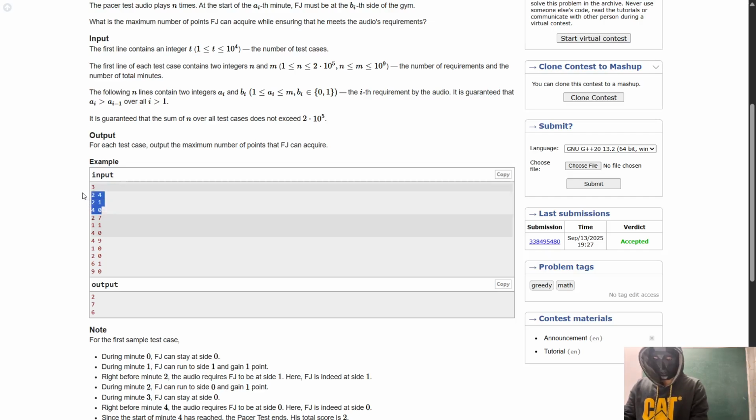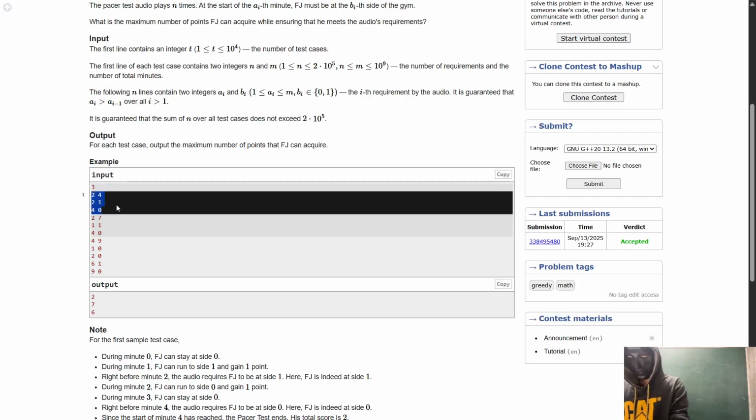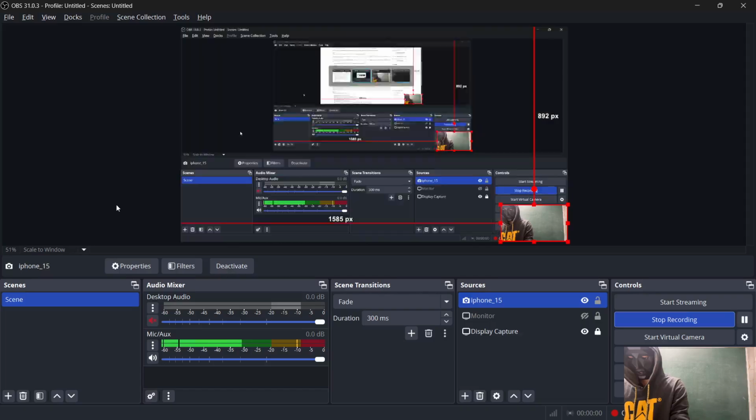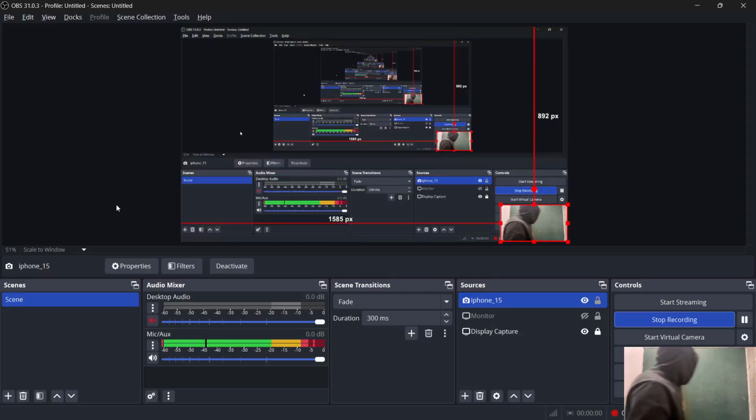They have given 3 test cases. In the first test case, they have given n and m: n is 2 and m is 4. Since n is 2, there will be 2 lines of input with ai and bi, a0 comma b0 and a1 comma b1.